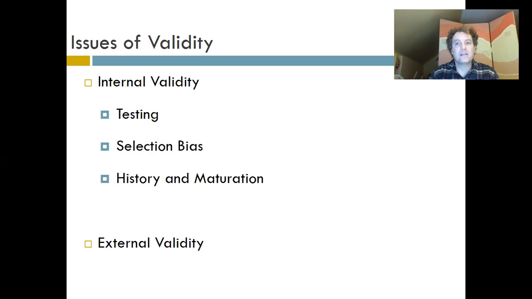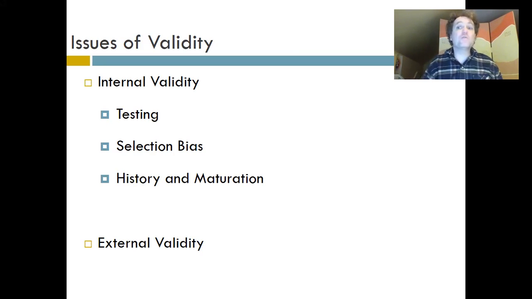Are the conditions of the lab really reflective of how people are thinking and acting out in the world? This is a problem with all experiments, because they're usually done in a lab, a separate space. Does that experience in a lab really reflect what's going on in the outside world? That question is one of external validity: are the lab conditions reflective of the external conditions of society and of the world?